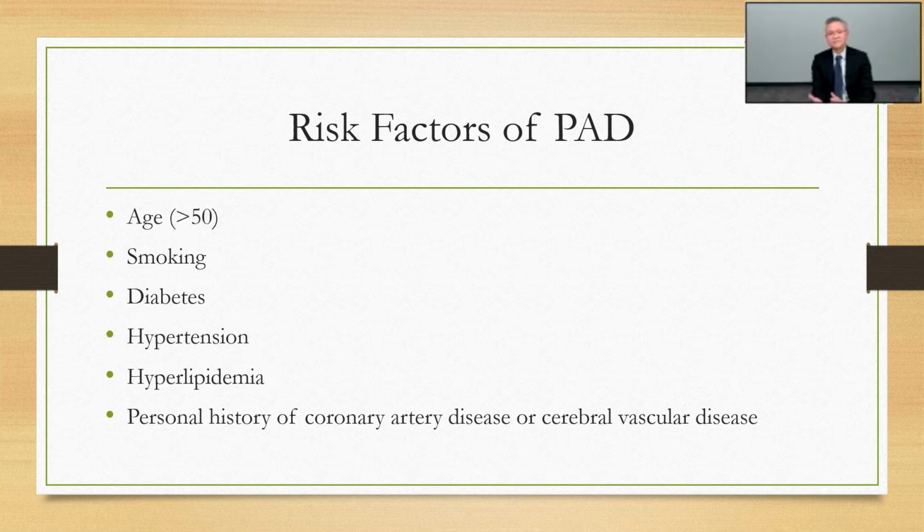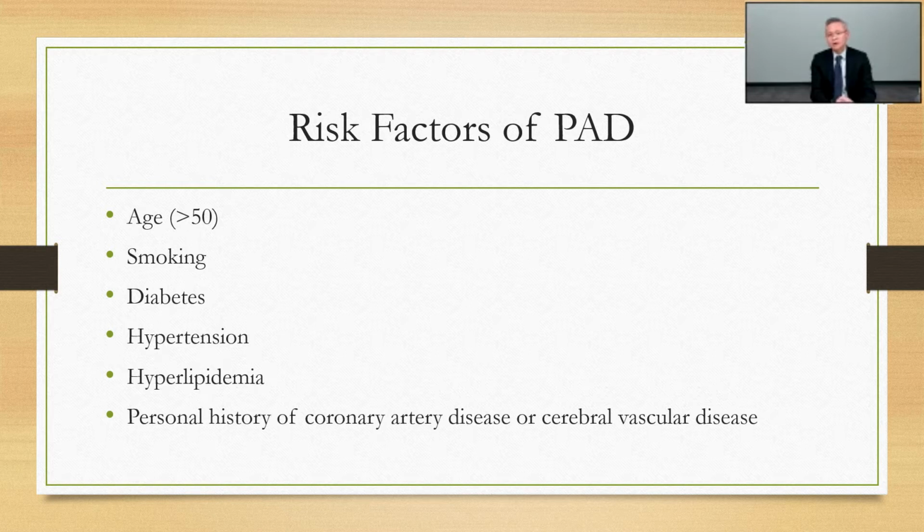What are the other factors that promote the formation of disease of the blood vessel? Here you can see in the list, age is one factor. We already talked about diabetes. Smoking needs to be emphasized a little bit. Smoking is actually the strongest factor that promotes peripheral artery disease.